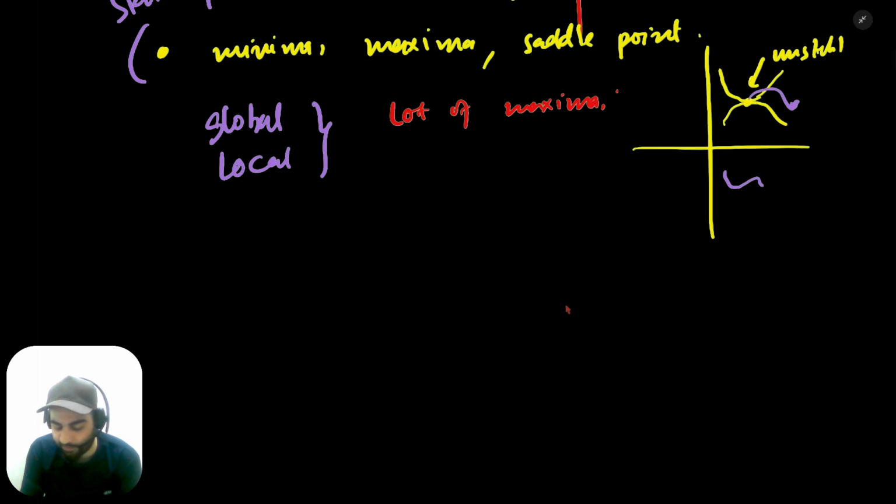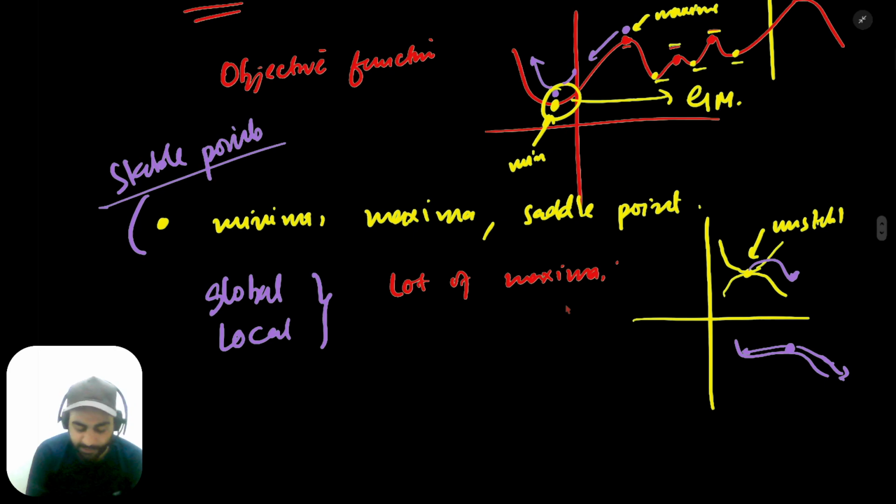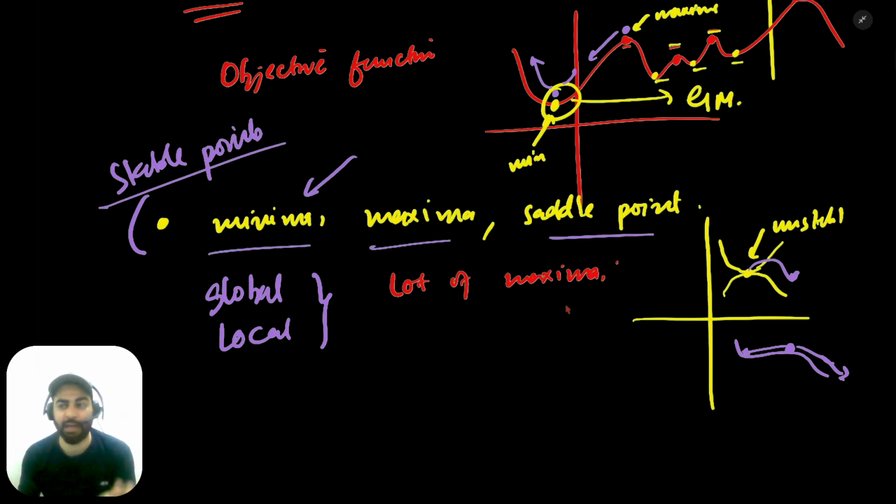If you see it in 2D, it will look something like this. If you push it on this side, it will go to this point. Maybe I'll show you the graphs when teaching optimization, but know these terms as of now. So there are three stable points: minima, maxima, and saddle point. Minima is where the function attains its minimum value, and maxima is where it attains its maximum value. We have local minima and global minima.